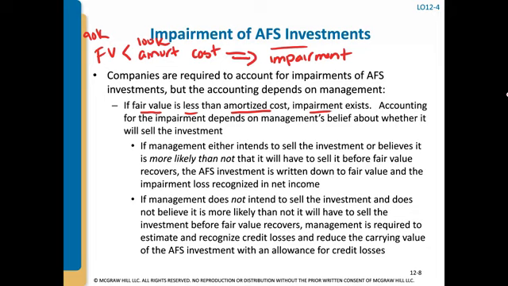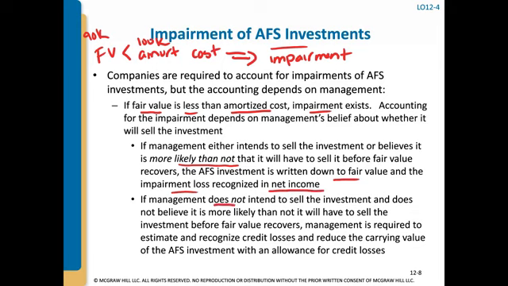Depends. If management intends to sell the investment, or it believes it's more likely than not that it will have to sell it before the fair value recovers, which means before the fair value increases above the amortized cost, then the investment should be written down and an impairment loss is recognized in net income.